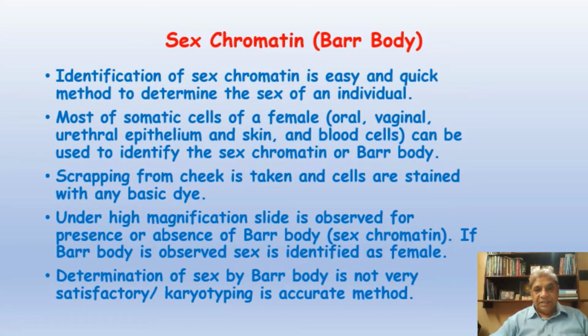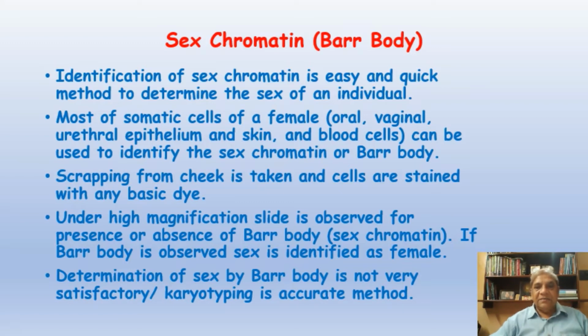But on the other hand, karyotyping, the chromosomal analysis, as we have seen, is accurate, because there you are seeing exactly two X chromosomes, which will identify the sex. And if X and Y are seen, then it is from a male, right?